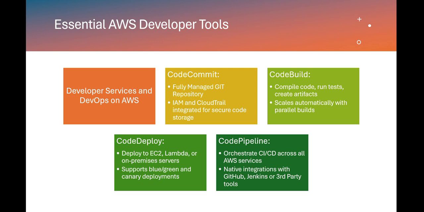CodeDeploy deploys to EC2, Lambda, or on premises servers, and supports blue green and canary deployments. And the last one, CodePipeline, orchestrates CI CD across all AWS services, with native integrations with GitHub and third party tools.